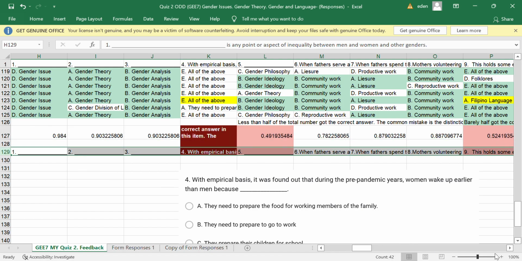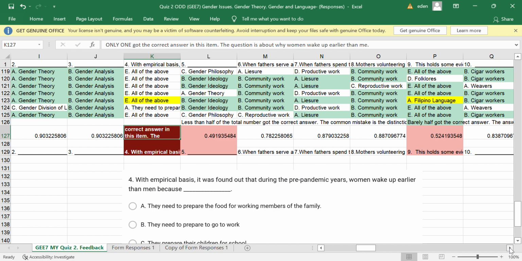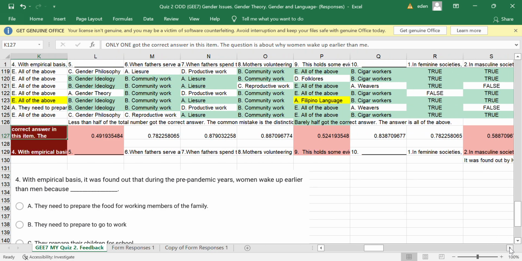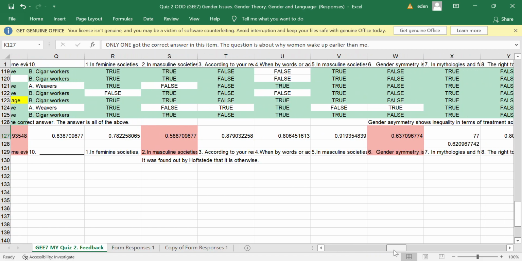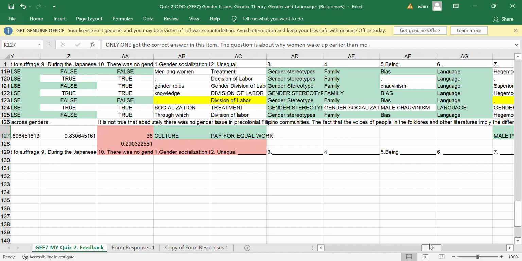The dark shades imply a very problematic item, and you will find out about that in a while. In the first subtest, multiple choice, there were 3 items where we need to look into why you did not perform well. And in the second subtest, true or false, again, there are 3 items where you got low scores.